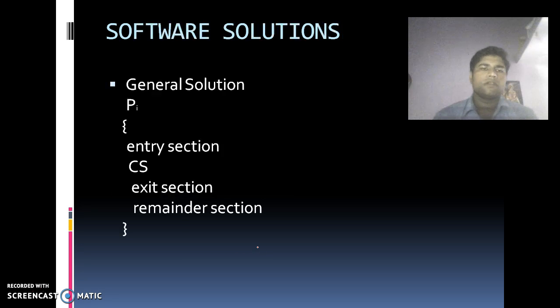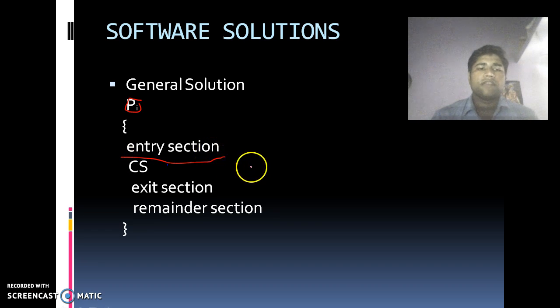Now we will focus on the software solution. This is the general solution. There is a Pi, meaning any number of processes, whether P0, P1, you can simply understand. Here we have the entry section.